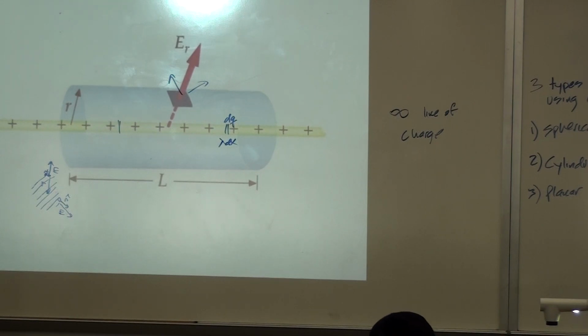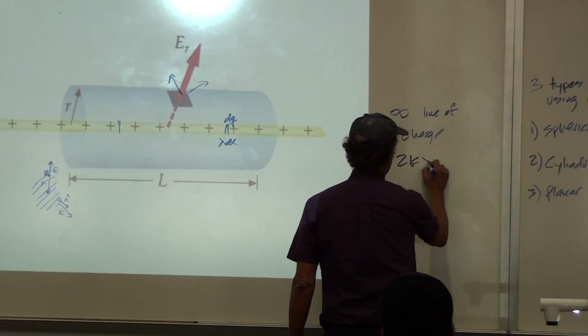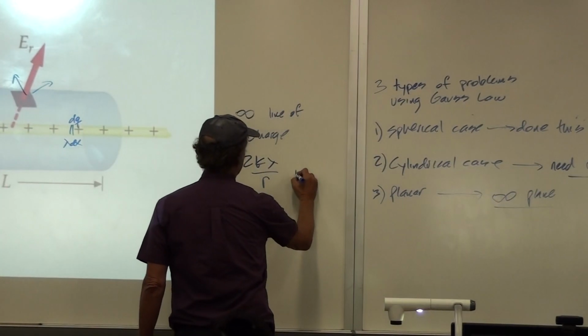Do you remember all of that? And then we took the limit as the a value goes to infinity. And what we got was 2k lambda over r. That was the result.